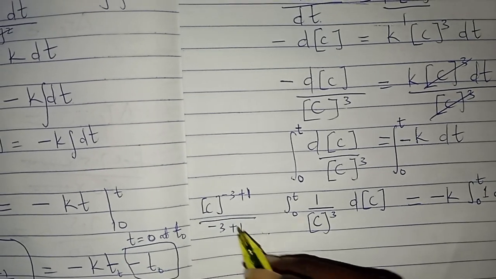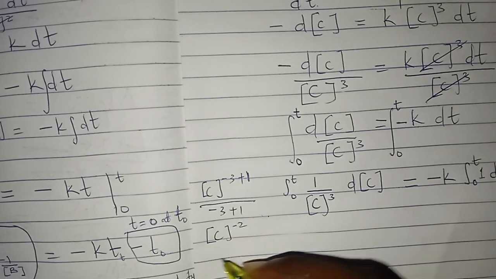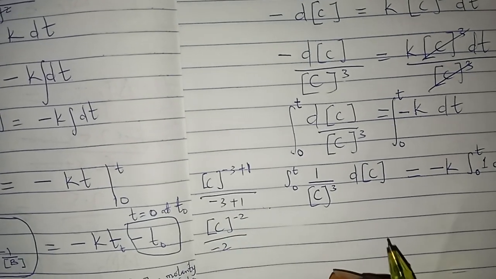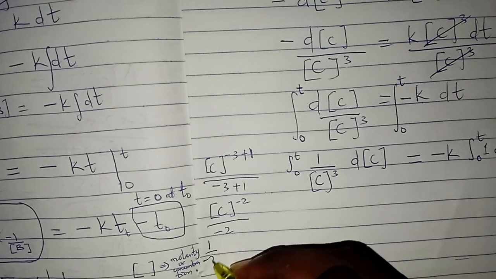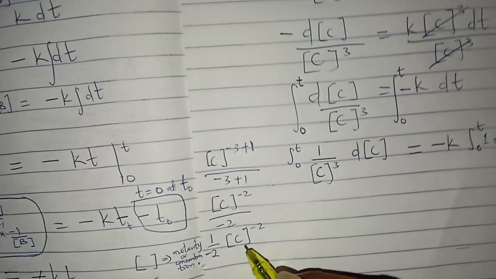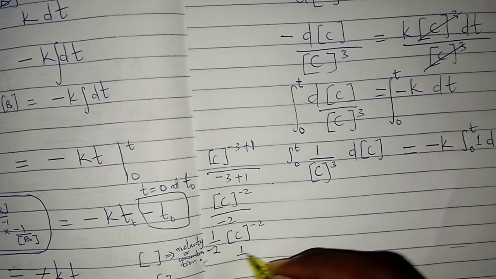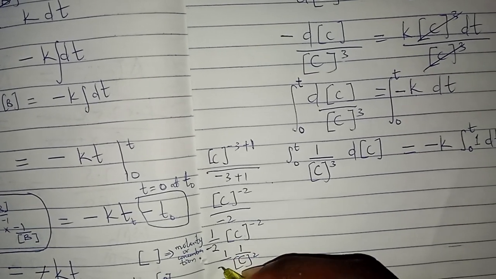That's integration for you. So this is going to give me C raised to power minus 2 all over minus 2. And this is the same thing as saying 1 over minus 2, then C raised to power minus 2. And this right here is the same thing as saying 1 over C raised to power 2 times 1 over minus 2.